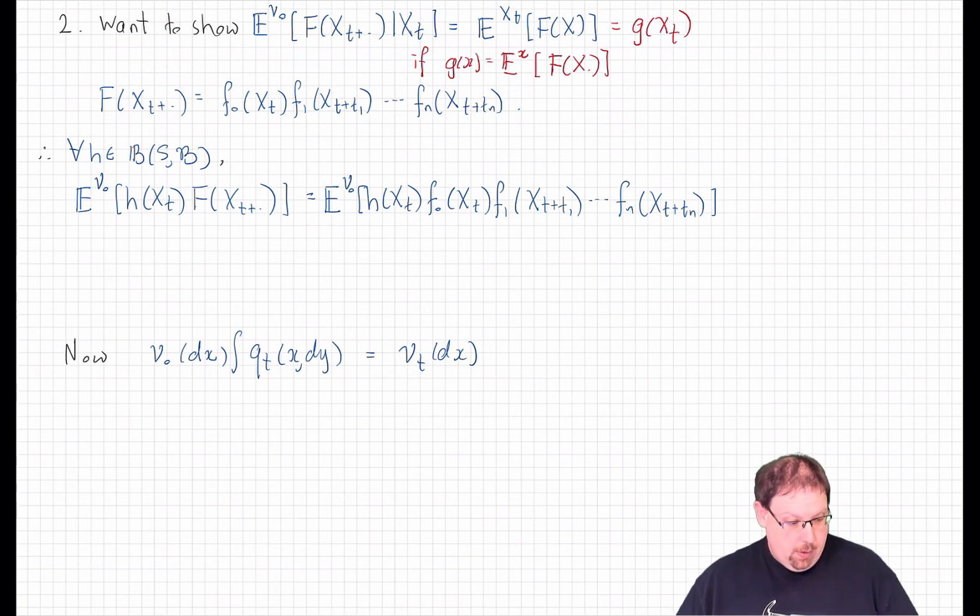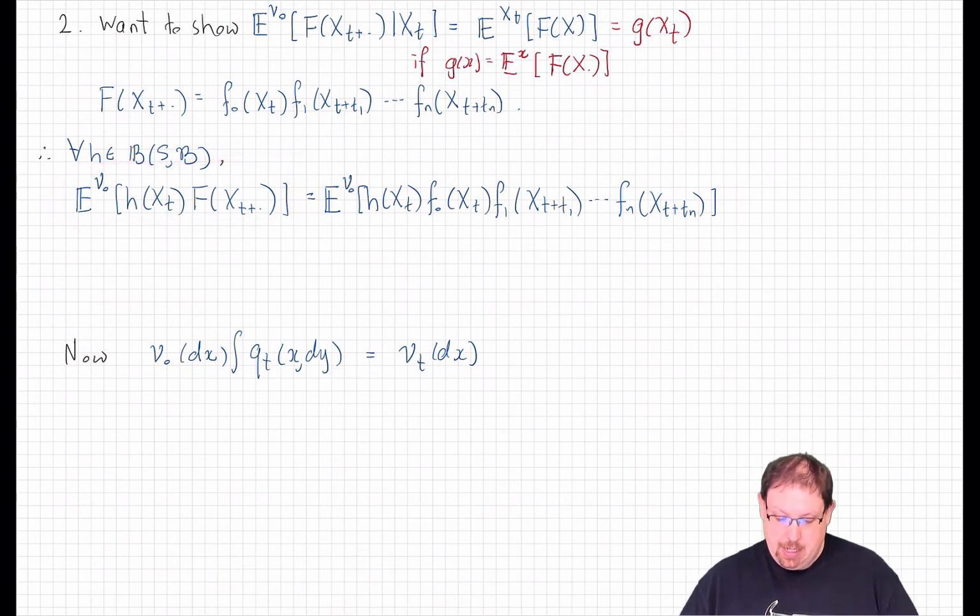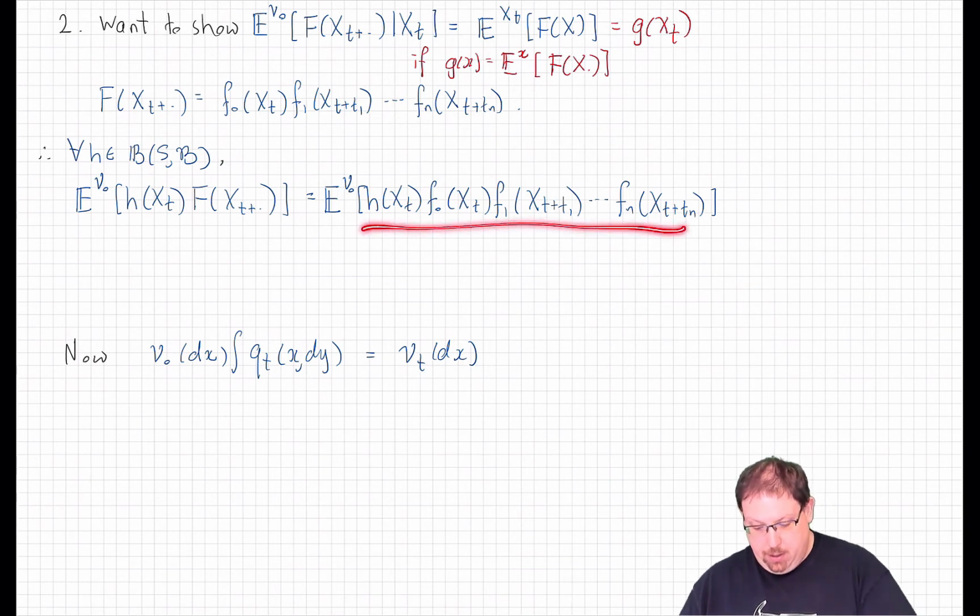Well, in order to do that, we're going to use the averaging property that defines conditional expectation. So we need to integrate this against any function that is measurable with respect to the sigma field generated by xt, which just means integrate it against some bounded measurable function of xt. We want to compute this for any such function h, which I've rewritten here in terms of the value of our specialized function.